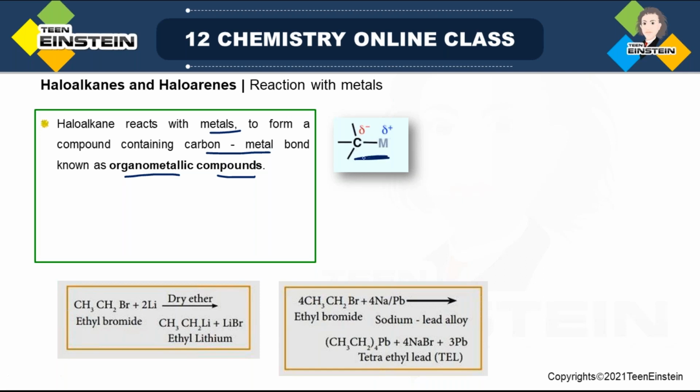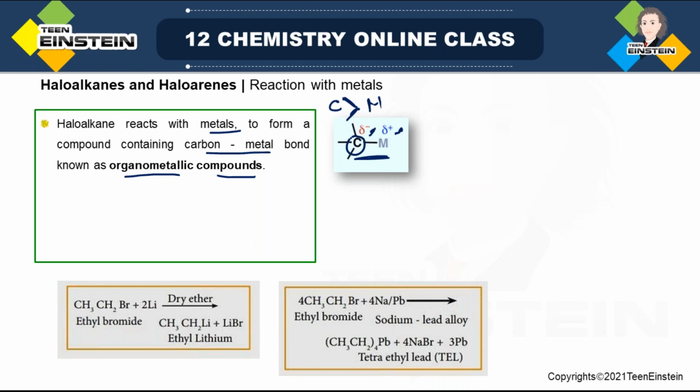Here, if you consider the electronegativity of carbon and metal, obviously carbon is less electropositive than metal. That means from the electronegativity point of view, carbon is more electronegative. So that is why when you consider bond polarity, the negative side will be towards carbon and the positive side towards metal. This is because of this type of polarization.